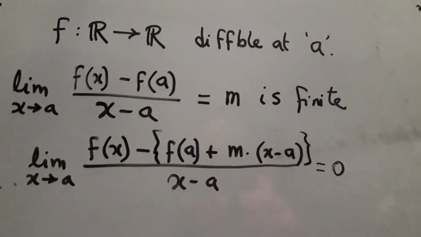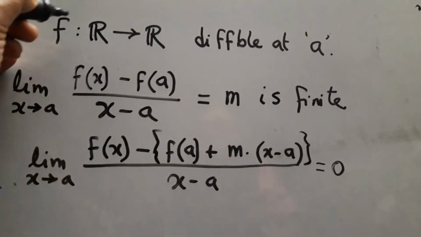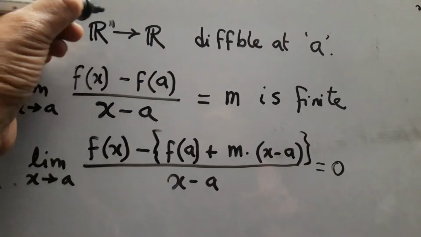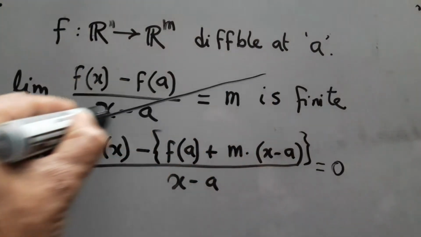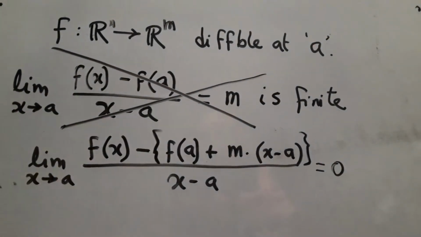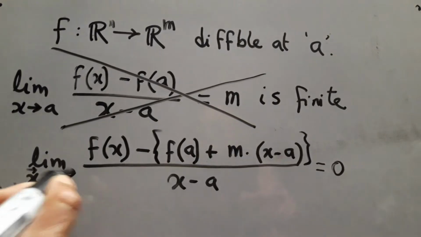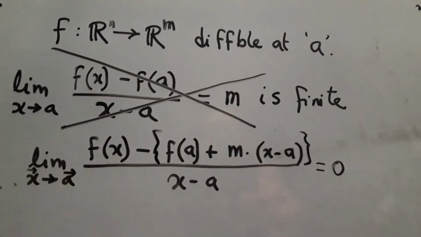Now we can use this to generalize differentiability to arbitrary order. Suppose this is from Rn to Rm. In that case, this we do not try to make sense of. This is only for one-dimensional case. We will directly attack this. So we will say it is an x vector converging to a vector, which makes sense, that is their distance goes to 0.